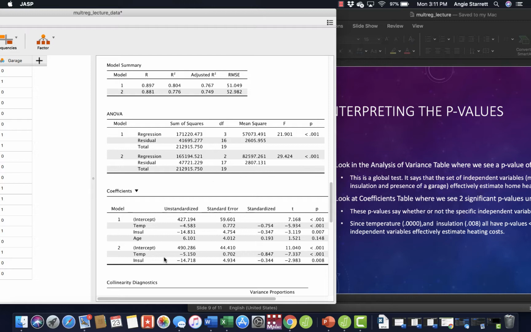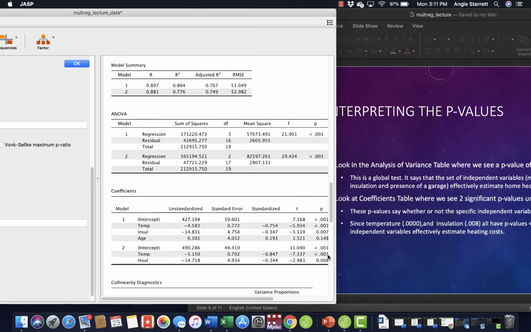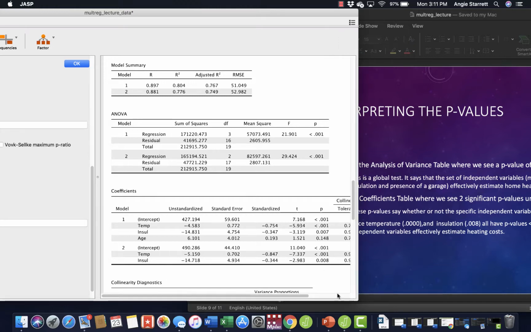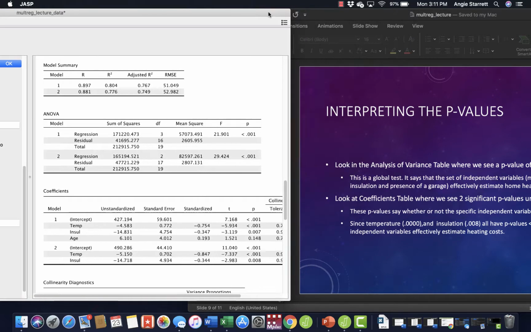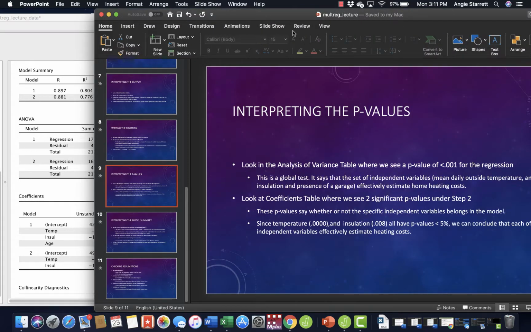The p-values in the coefficients table tell you the significance of the individual variable that we're interested in. So less than 0.001 on temperature says temperature is significant in estimating the changes in heating cost, and the 0.008 for insulation says that insulation is significant in estimating heating costs.